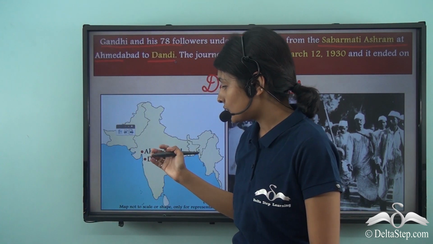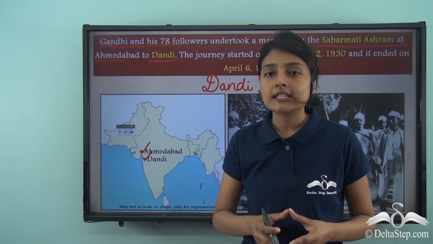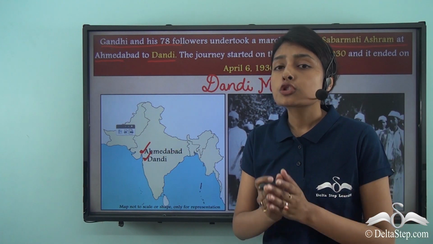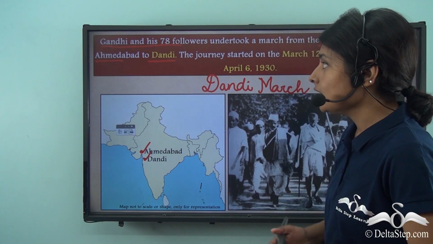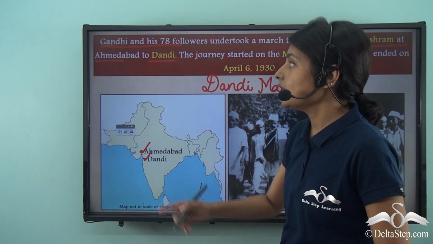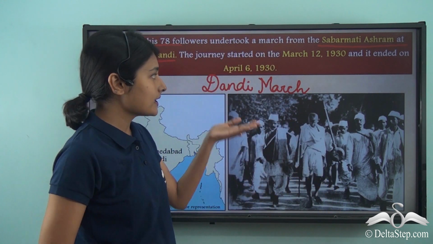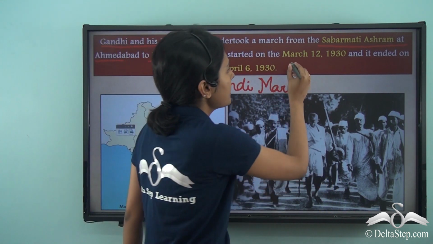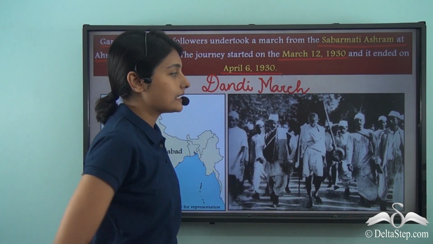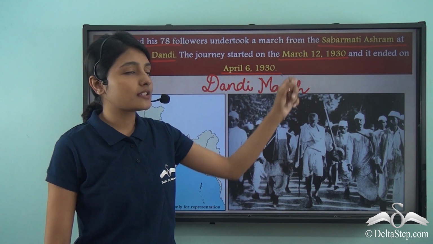So here you could locate the places Ahmedabad and Dandi, which are located in the present day Indian state of Gujarat. So this was a 240 miles long journey from Ahmedabad to Dandi, and Gandhi undertook this journey with his 78 followers. Now this journey, which is also known as the Dandi March, started on March 12, 1930 and it ended on April 6, 1930. So this 240-mile long walk was completed between this period.